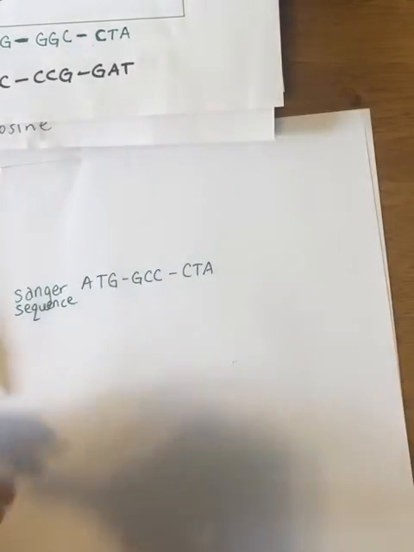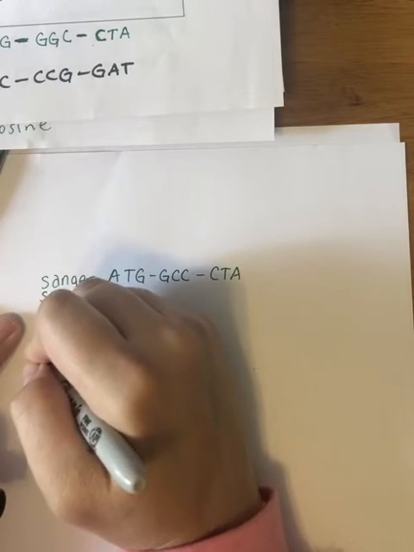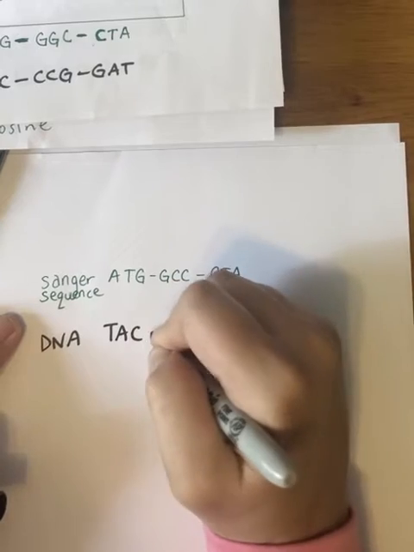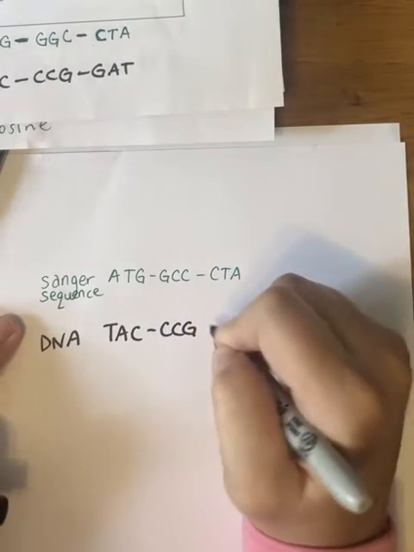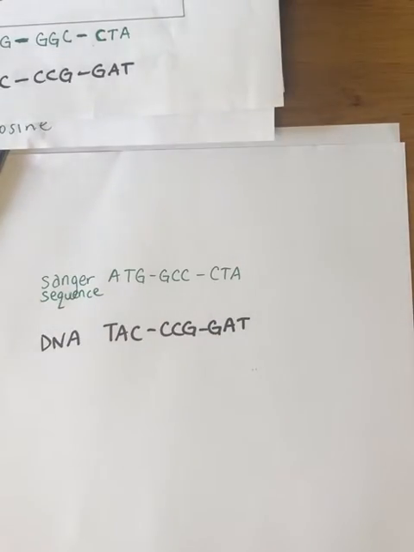So then our original DNA, you had to figure it out using the Sanger sequence. So our DNA strand is TAC, CCG, GAT. Now, we can use the DNA sequence that we figured out to figure out what genes it encodes.